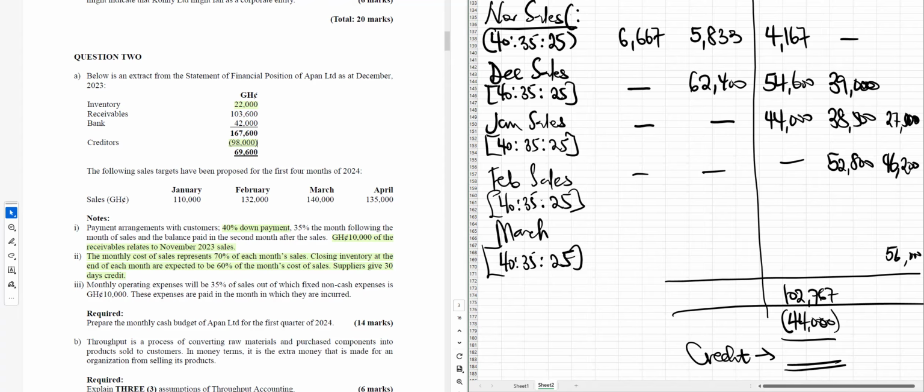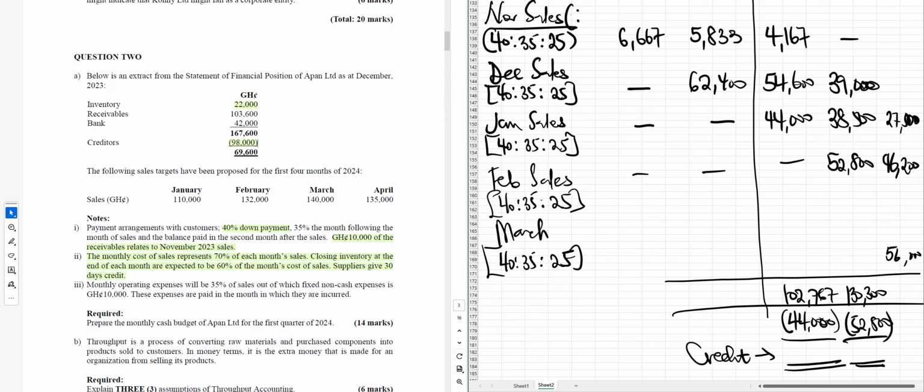So 39,000 plus 38,500 plus 52,800. That's 130,300, right? But I have to come and take out that 52,800, the February sales, from it.